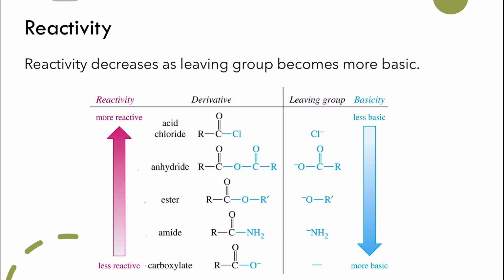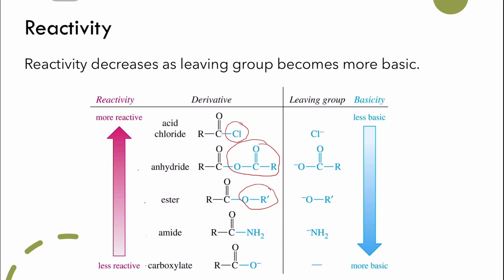This is controlled by the basicity of the leaving group. The less basic group is more stable, which means it can easily exist in the reaction mixture. That means it will be a better leaving group.